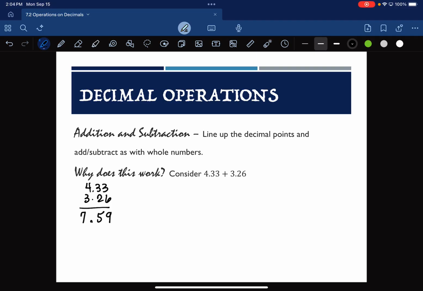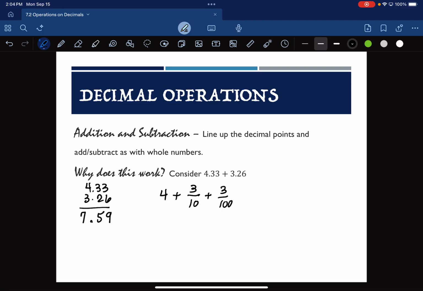But there is a reason why this actually works, and it goes back to what we did in fractions back in chapter 6. So this is what we're going to take a look at in this particular part. When we have 4 and 33 hundredths, what we really have is 4, 3 in the tenths place, and 3 in the hundredths place, right?